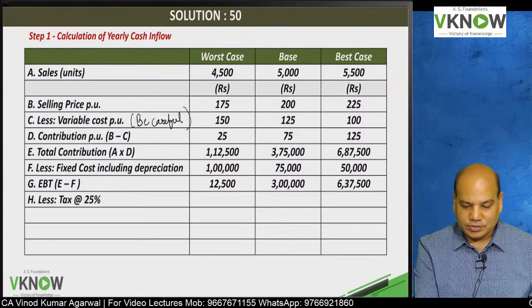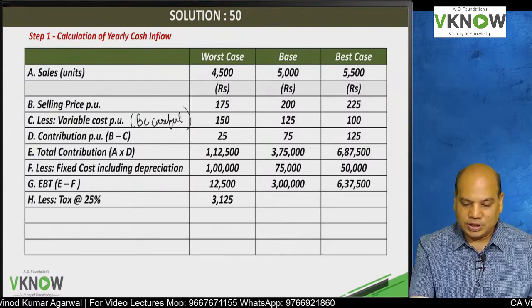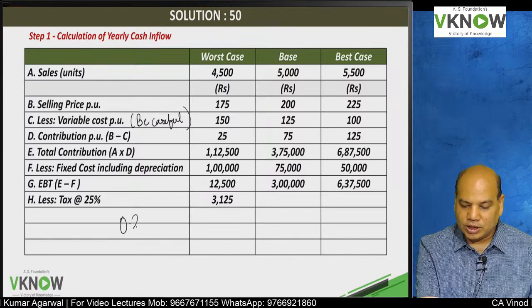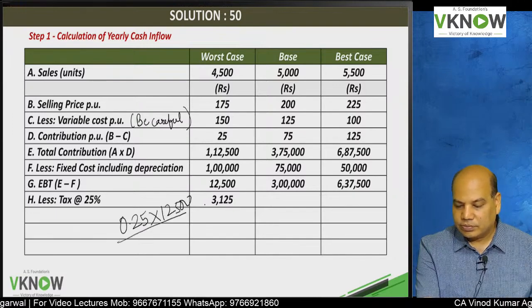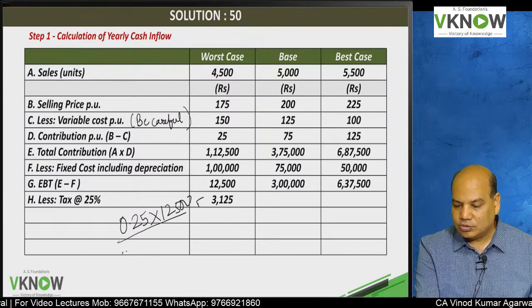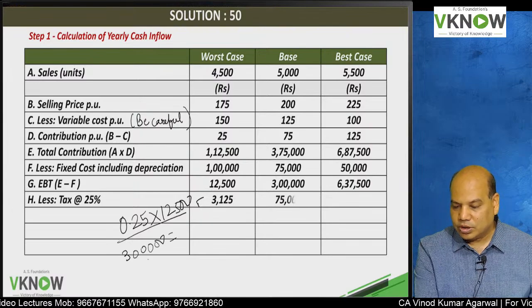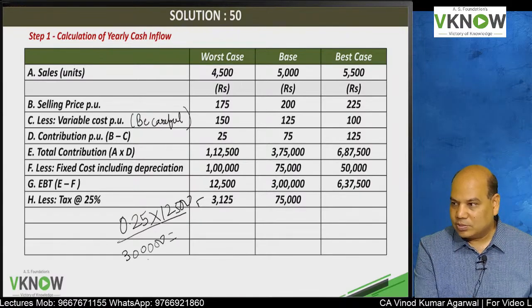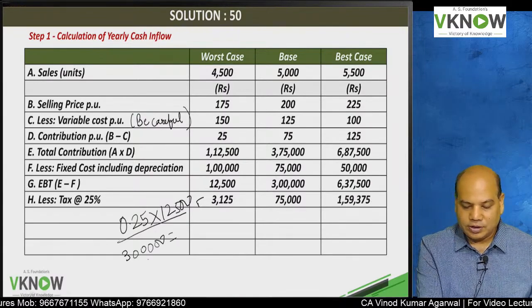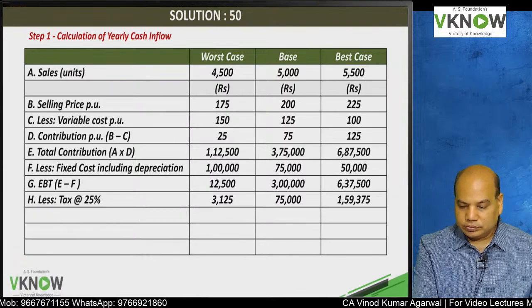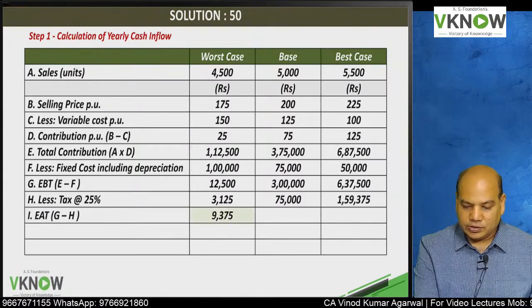Then write down less tax at the rate of 25%. First number you type like this, 0.25 into 12,500. You'll get this answer. Now just press 3 lakh and press equal to, you'll get the next answer. Similarly, 637,500, press equal to, 159,375.